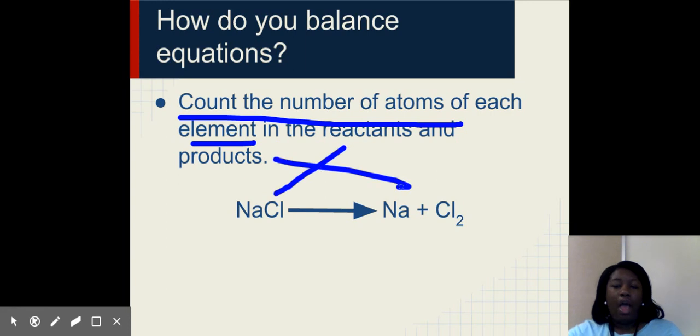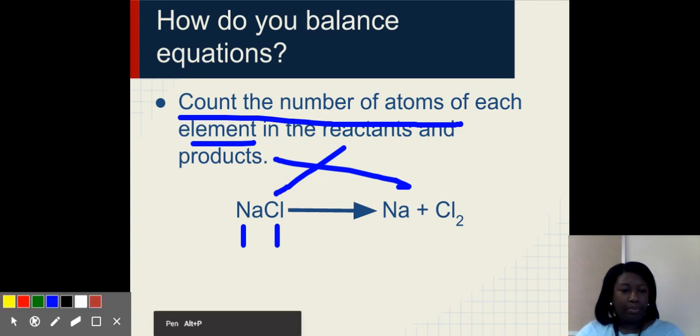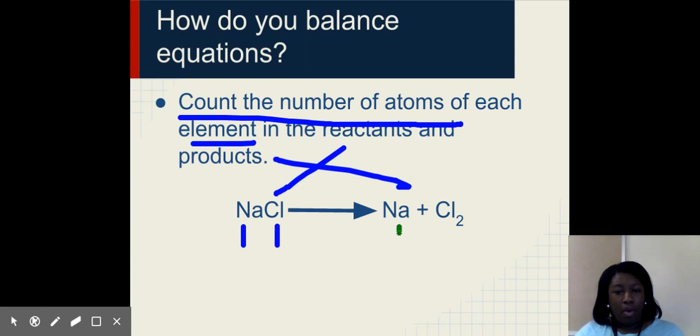Okay, so I have one Na, I have one chlorine. And over here I have one Na, but I have two Cl's. So right off the bat, we know that it's not a balanced equation.